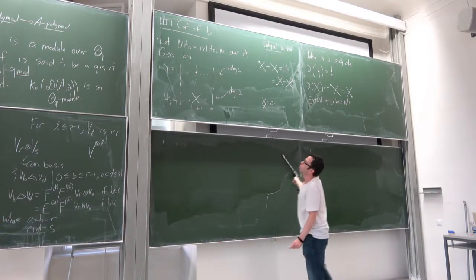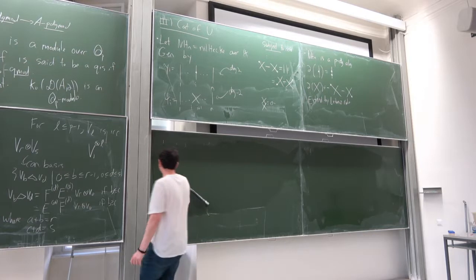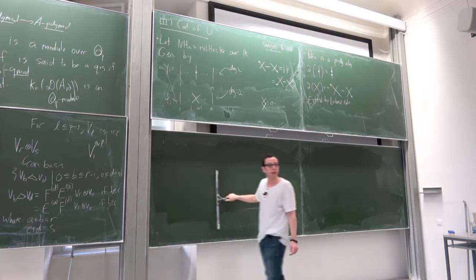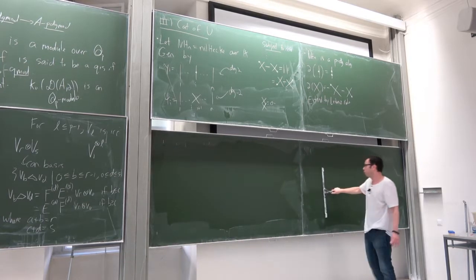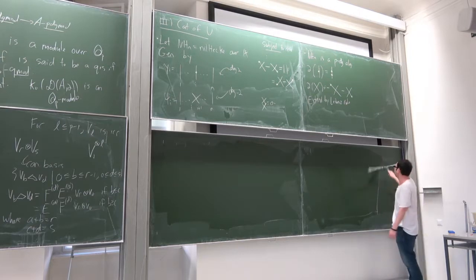So this nil-Hecke algebra, taking the direct sum of its module categories over all n, without considering the derivation, is known to categorify the upper half of quantum SL2.